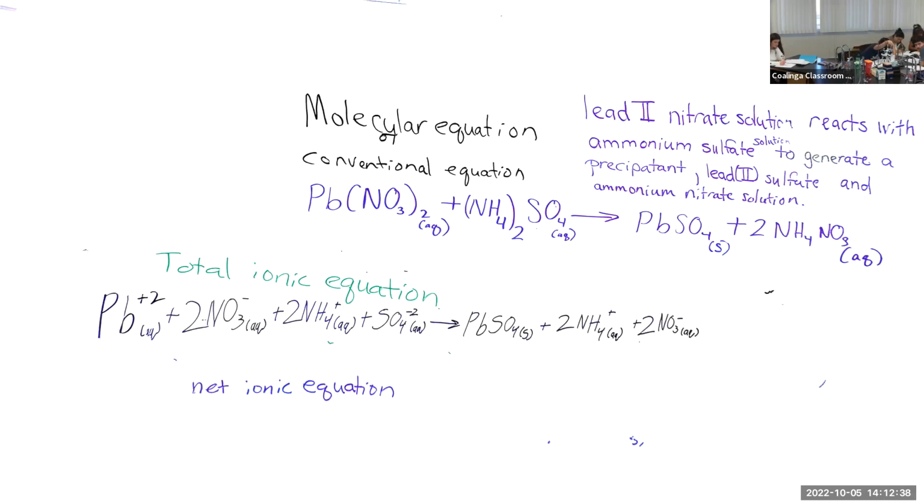And then SO4 negative 2. And that's it? Yeah. So you have two dots. No. Oh, no. That's one of the arrows. You said Pb plus 2, right?